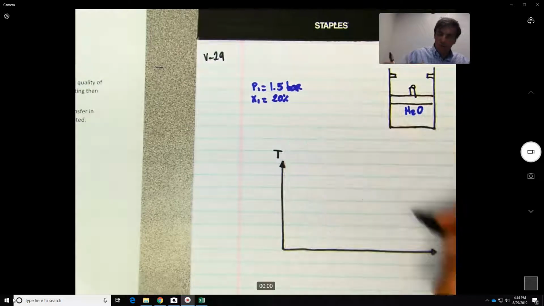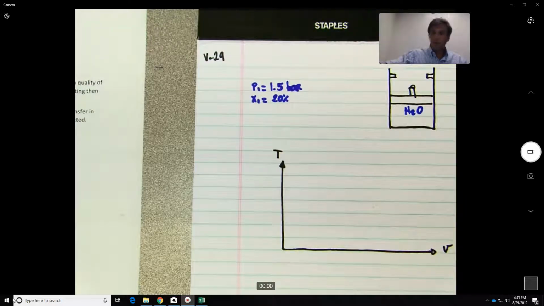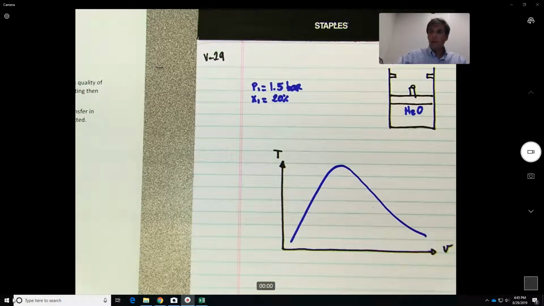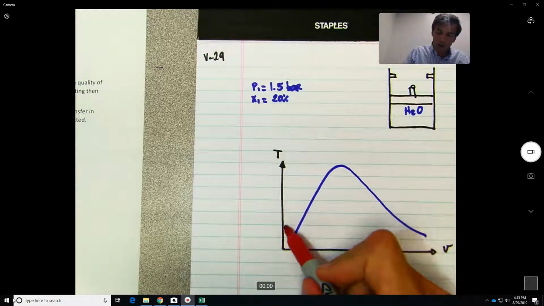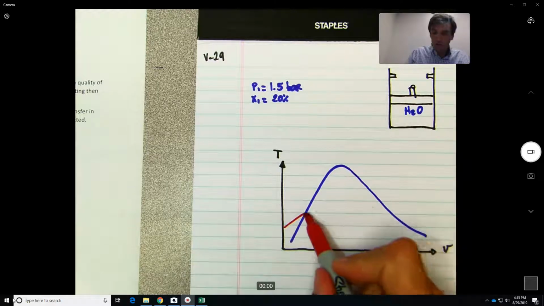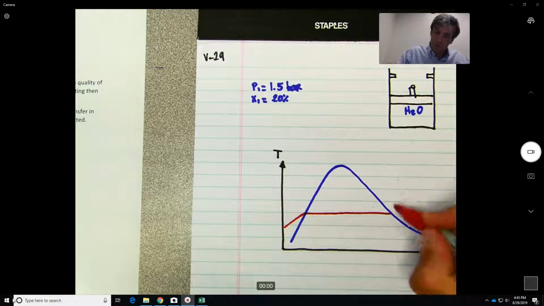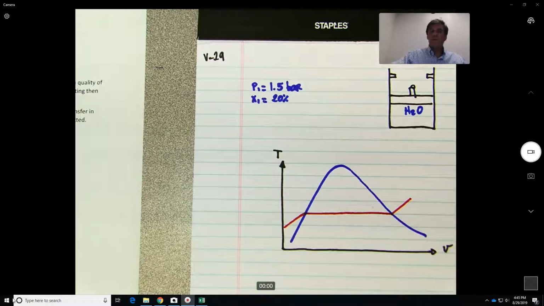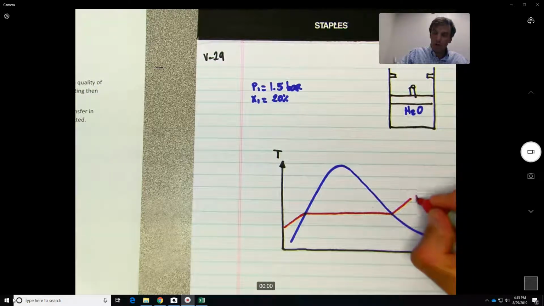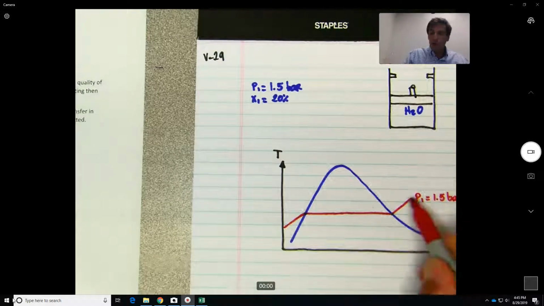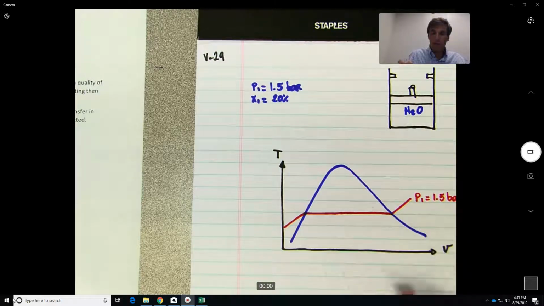Okay, so if you remember, T-V diagrams will always be of this form over here. And since this is a T-V diagram, we know we are always going to go through lines of constant pressure. So let's see. What do we know? Initially, the pressure is 1.5 bar. So all this line is 1.5 bar. Okay.